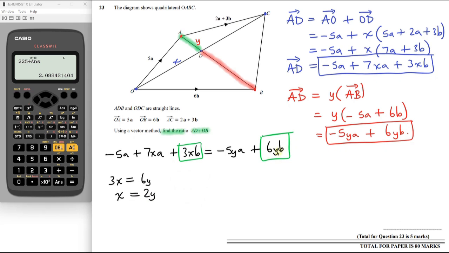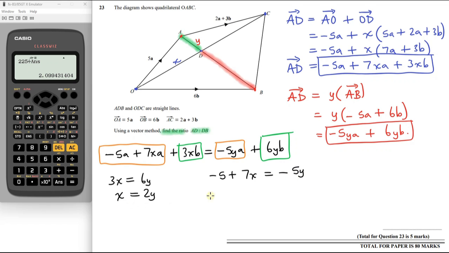So now we've looked at the b terms, let's look at the a terms. I'm just going to highlight the a terms on each side of our equation. Because they're all a terms, we know that the coefficients must be the same. So negative 5 plus 7x must be equal to negative 5y.